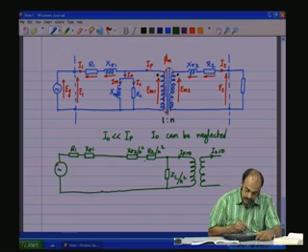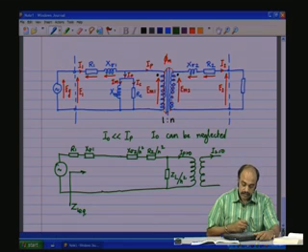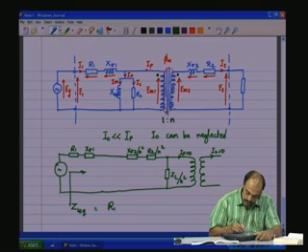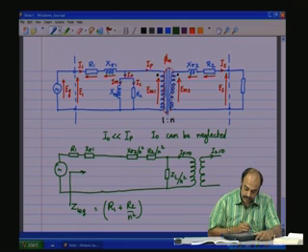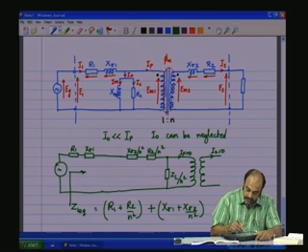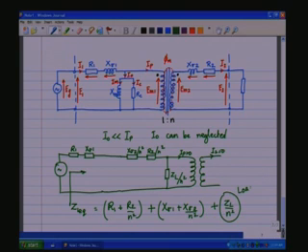So, which means the impedance as seen from the source, Z1 equivalent as seen from the primary side, would be equal to R1 plus R2 by n square, that is the resistance component, plus X sigma 1 plus X sigma 2 by n square, that is the reactive component as far as the transformer internal impedances are concerned, plus ZL by n square, that is the load component.